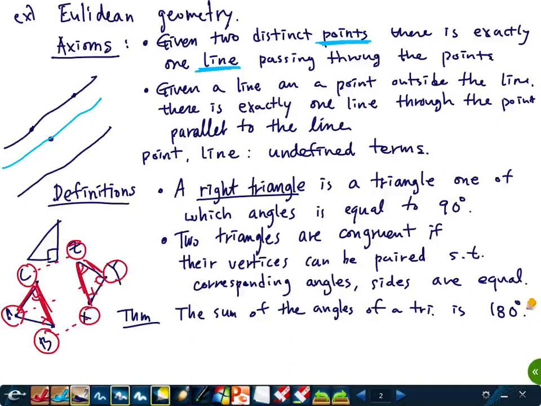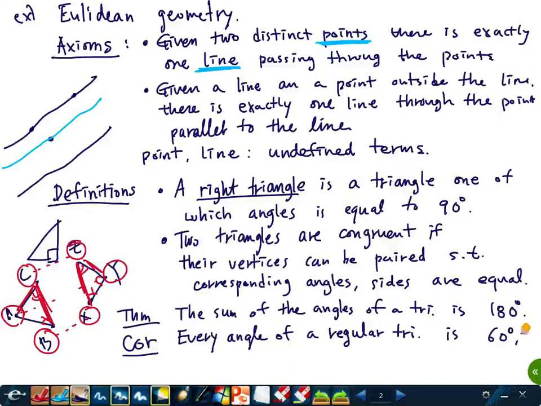So theorem is like this, and a corollary to this theorem is something like every angle of a regular triangle is 60 degrees. Yeah, easy. This is derived from the theorem very quickly, right?